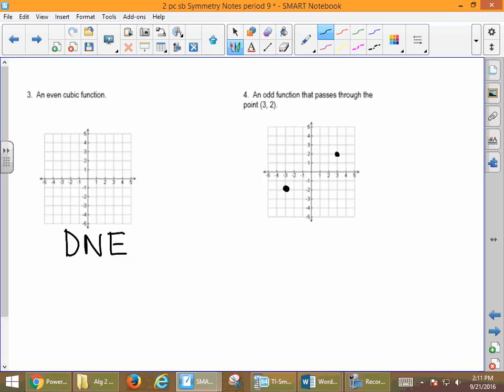And in fact, I did something like this. I put a point at 0, 0, and then I put a point at 5, 0 and negative 5, 0. And there we get an odd function, symmetric with respect to the origin.